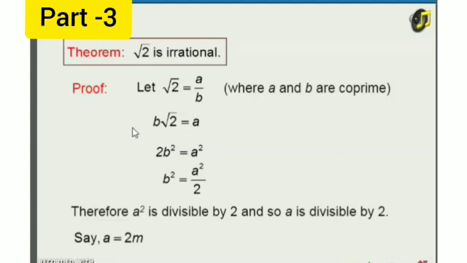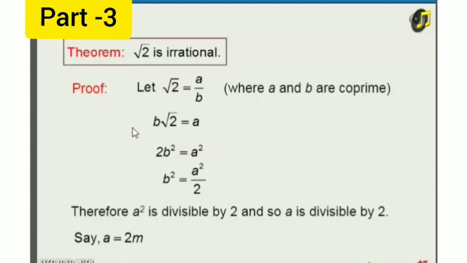All of you know what a prime number and co-prime numbers are. So a by b is a rational number. Using the cross multiplication method, you find b root 2 equals a. Again, 2b square equals a square. b square equals a square by 2. And clearly, you have seen that a square is divisible by 2, and so a is divisible by 2.